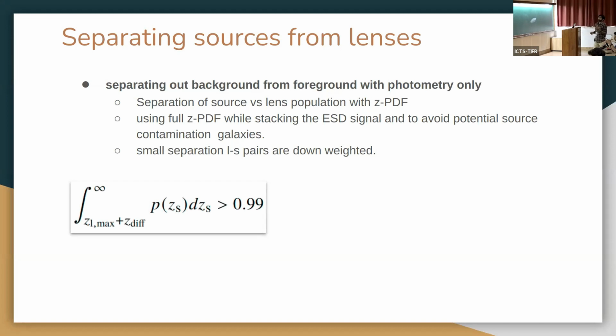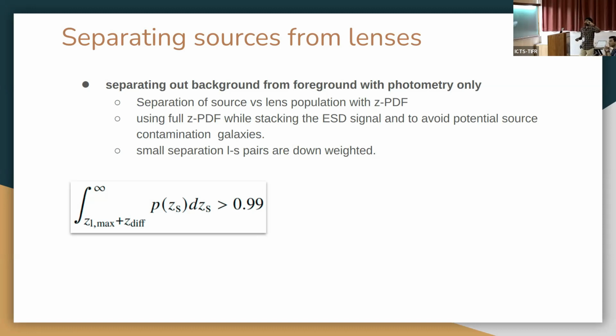One is separation of the source versus lens populations using the full PDF, because we don't have the spectroscopic redshift, so we use only the photometric redshift. But we have a PDF of this redshift. So we say that if there is some maximum redshift of your lens, then ZDiff is like 0.1 for us.